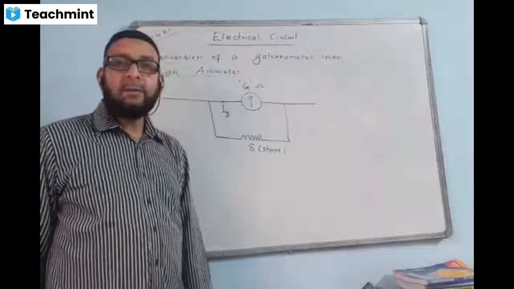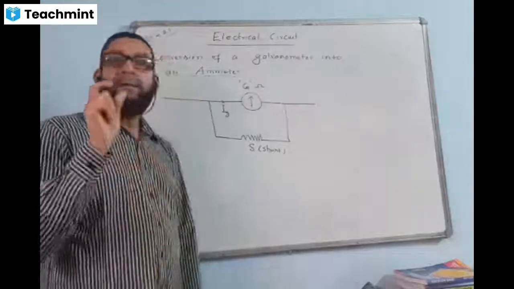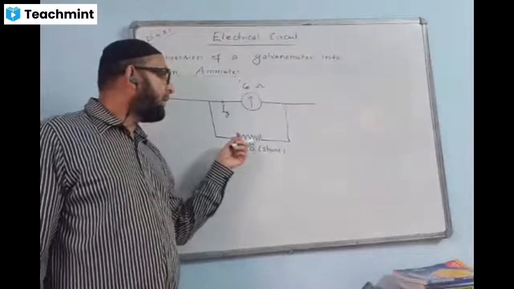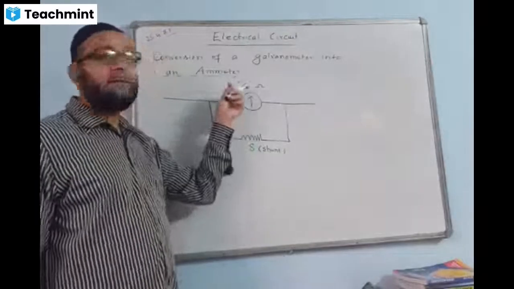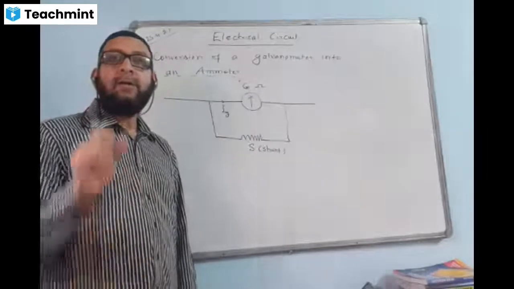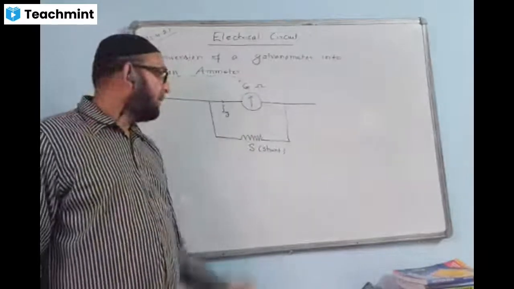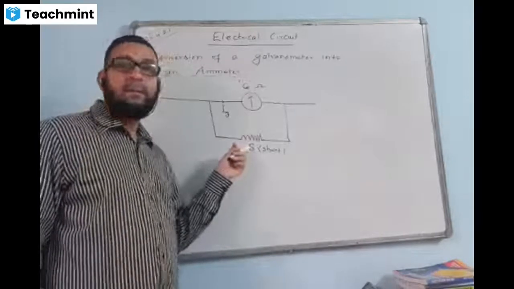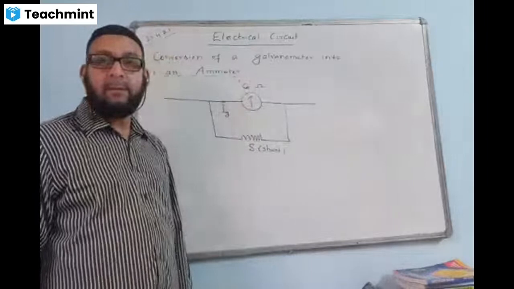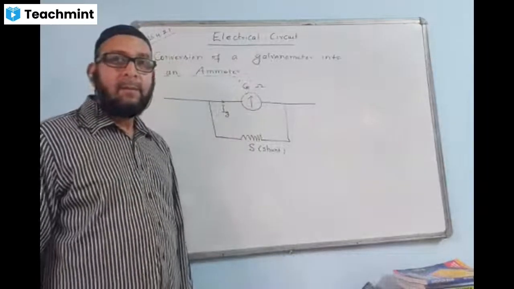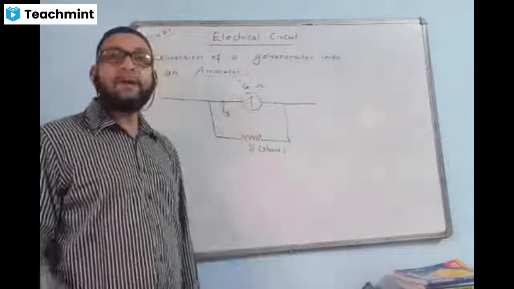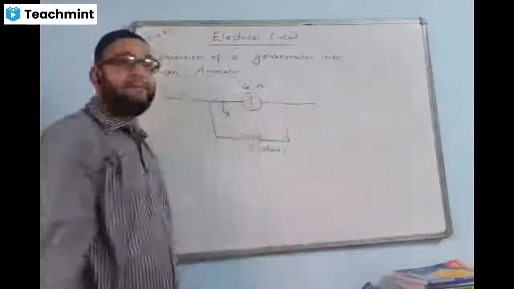What is a shunt? A shunt is a very low resistance resistor to be connected always in parallel with the galvanometer. What is the role of a shunt? A shunt prevents the damage of the galvanometer, or it prevents the burning of the coil of the galvanometer, by passing the maximum current through itself.